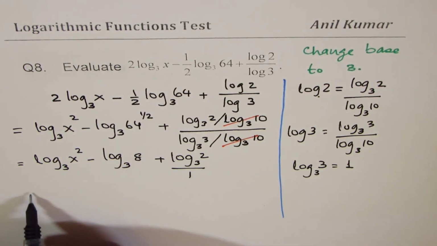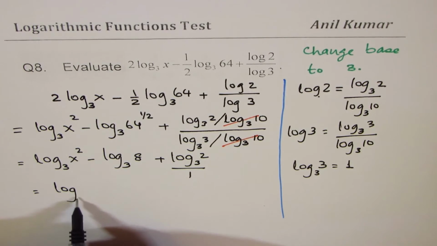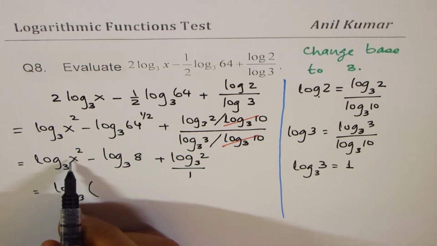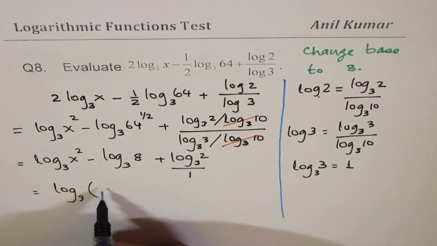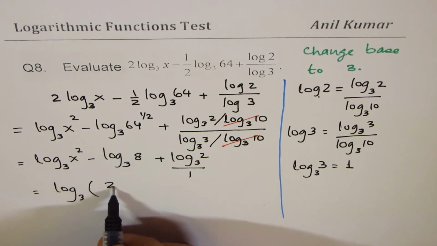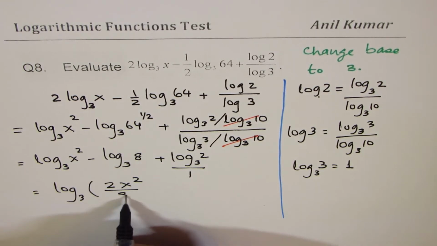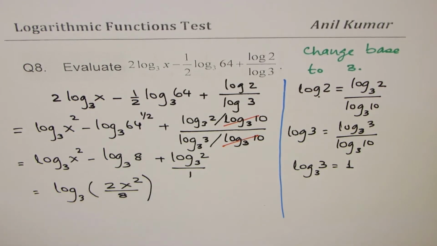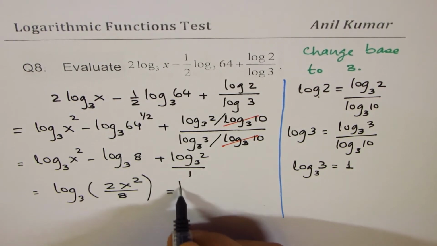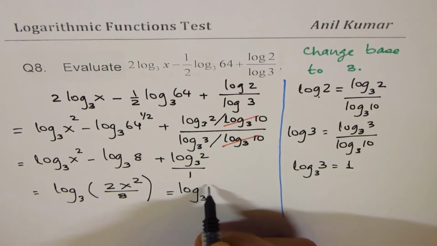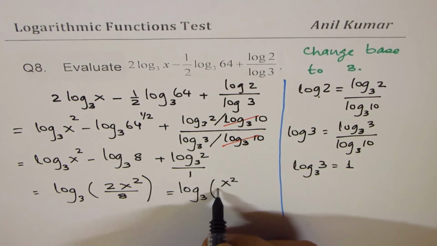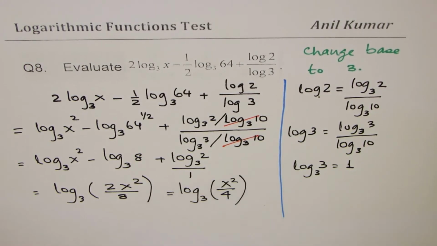Now you can apply the power rules and you could write this as log 3 of x square times 2, right? So they get multiplied. So 2x square, minus means divide by 8, correct? So that's what you get, which could be written as log to the base 3 of x square over 4. Is that clear?